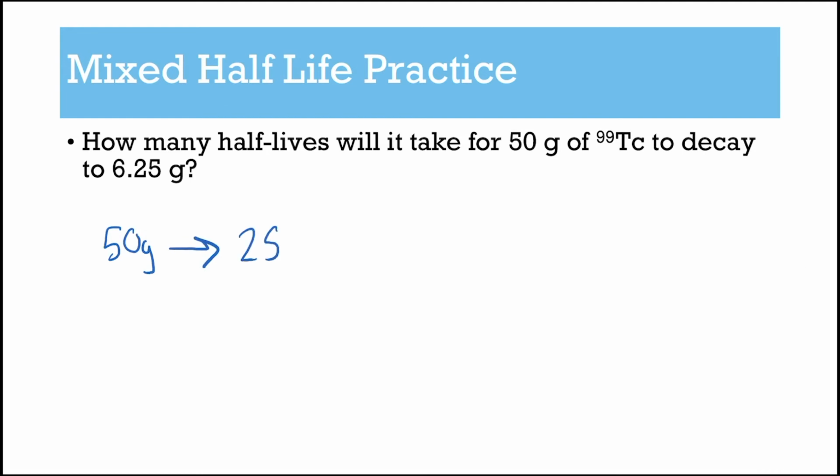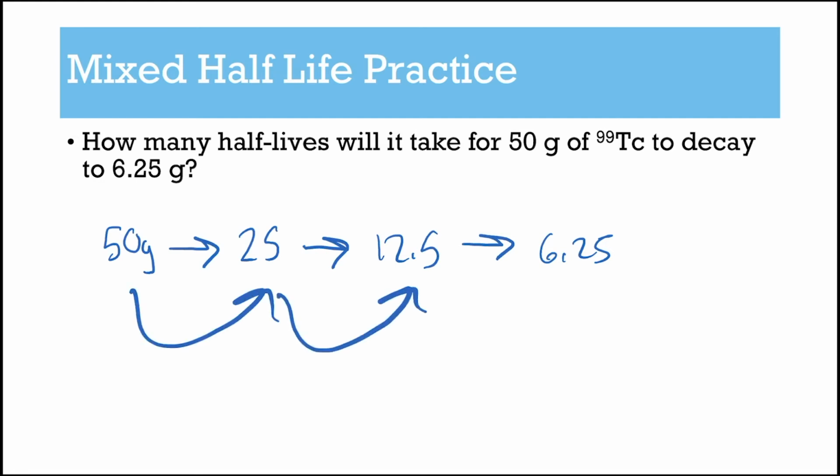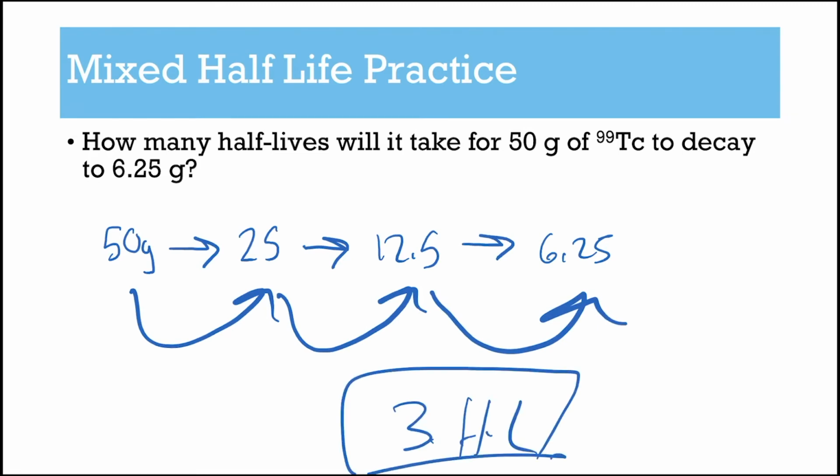We're not where we need to be yet. Another half-life. Half of 25 is 12.5. Not there yet, almost. Half of 12.5 is 6.25. So we know 1 half-life happened, 2 half-lives happened, 3 half-lives happened. So the answer is 3 half-lives.